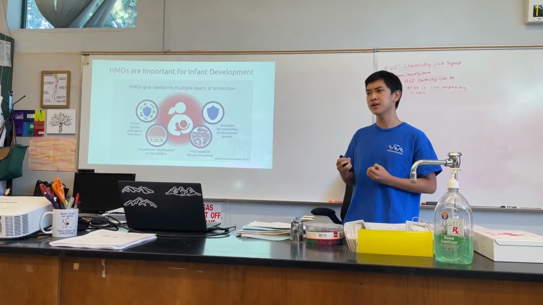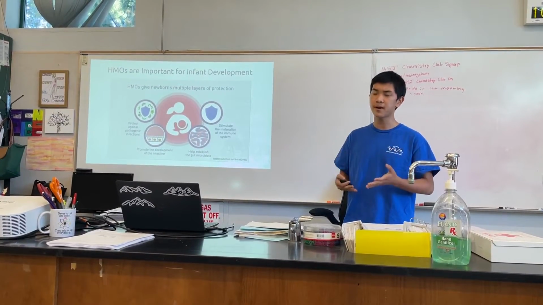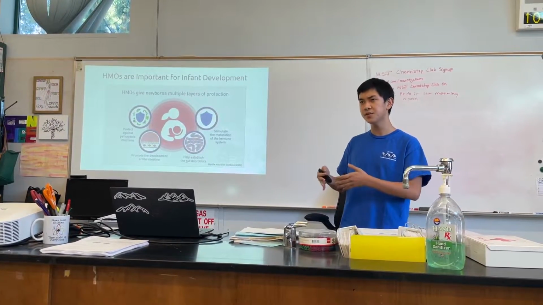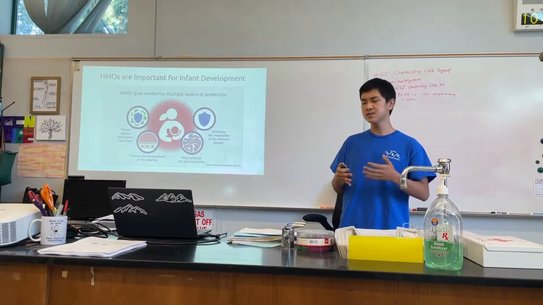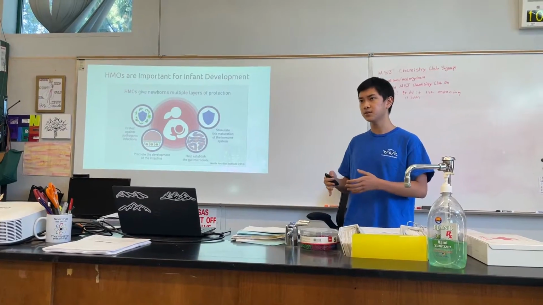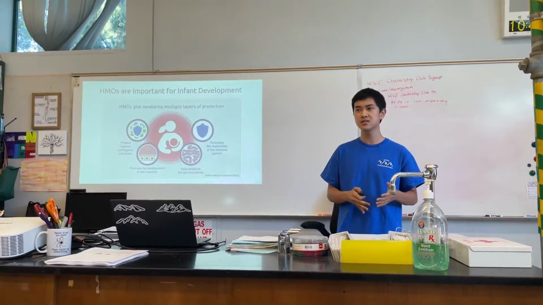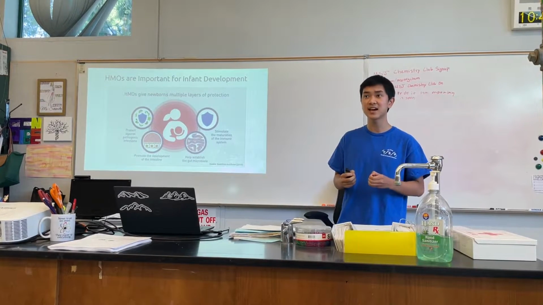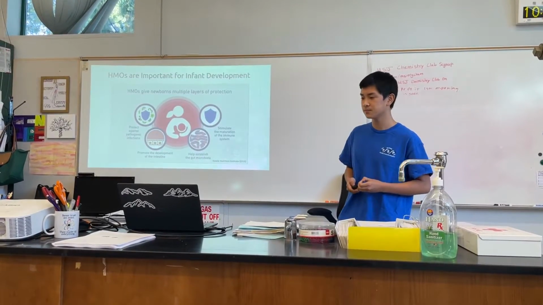They provide a number of benefits. One of the main ones is they're a prebiotic. Essentially, they serve as food for establishing a healthy gut microbiome, and this helps prevent intestinal disease. They can also be an antimicrobial by preventing bacteria from forming biofilms or sticking to each other, and also help brain development as they carry important sialic acid, which is crucial for neurons.